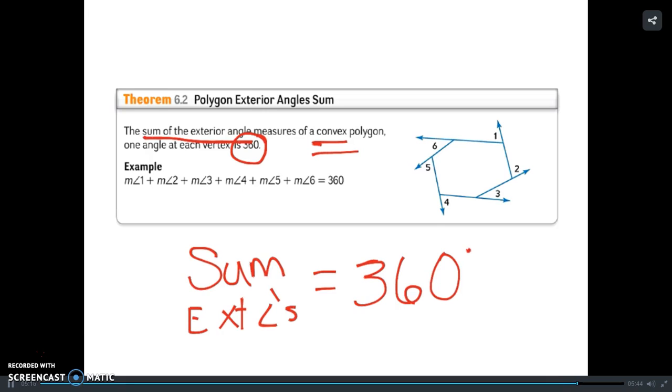Okay? And that's just a fact. You don't have to do any calculating. You don't have to do any work. You just have to memorize that those outside angles, no matter how many there are, you could have 100 different sides, and the exterior angles are still all going to add up to 360 degrees. Okay? So we will look at some examples in class tomorrow.